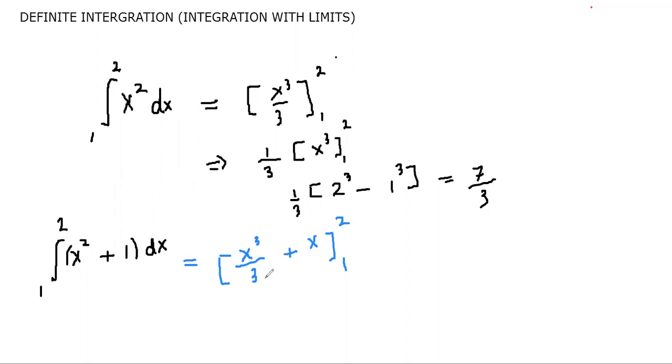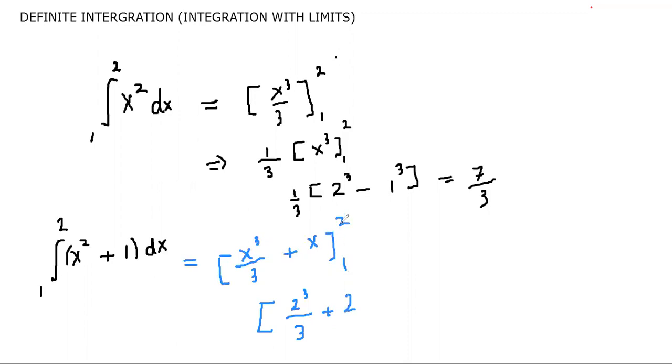So you have to put the value of the upper limit in place of the variables. Where are the variables? x cube and x. So first I am putting the upper limit. So it becomes 2 cube by 3 plus 2.